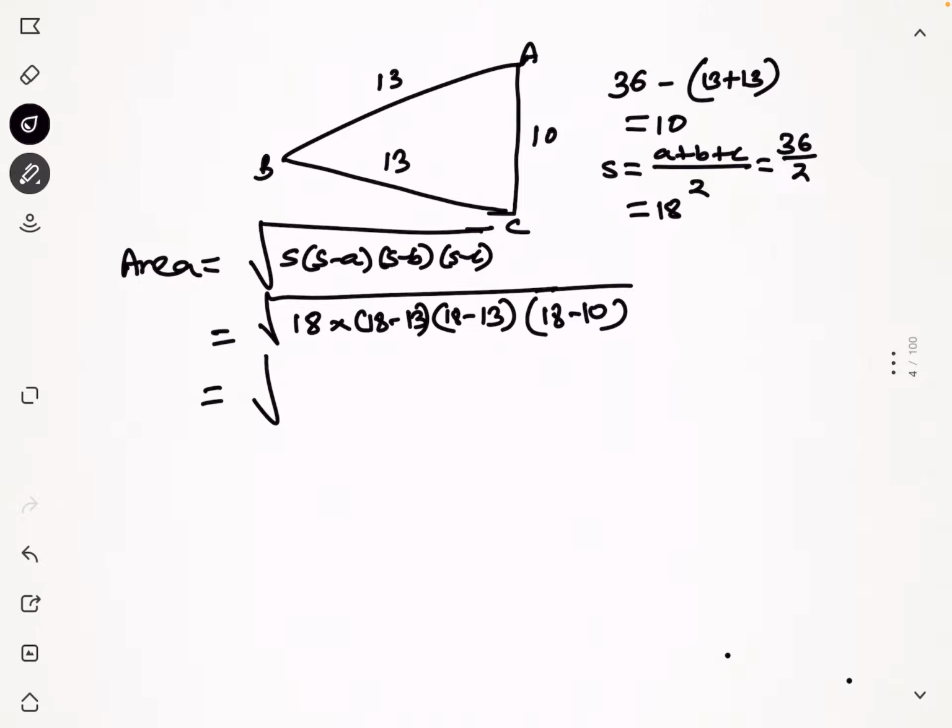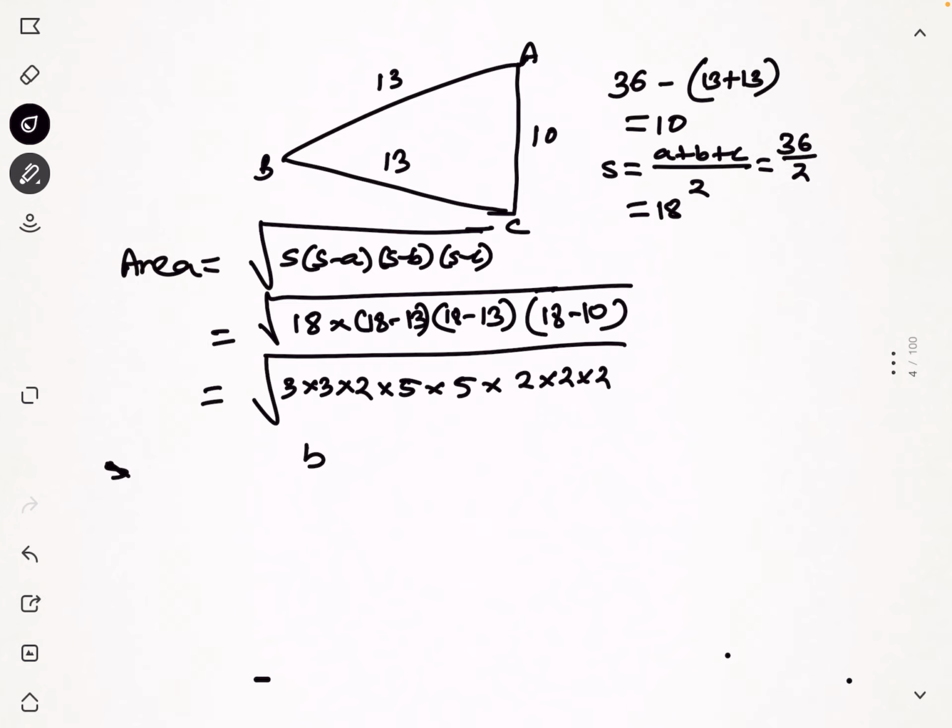So if you do this calculation again, which will be 3 into 3 into 2, 18 can be written as this. This is a 5. This is a 5. And 18 minus 10 is 8, so that will be 2 into 2 into 2. So we have two 5's. We can take out one 5.